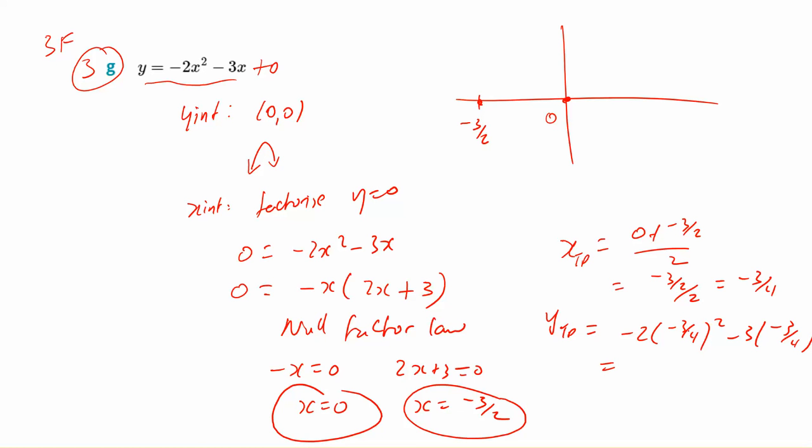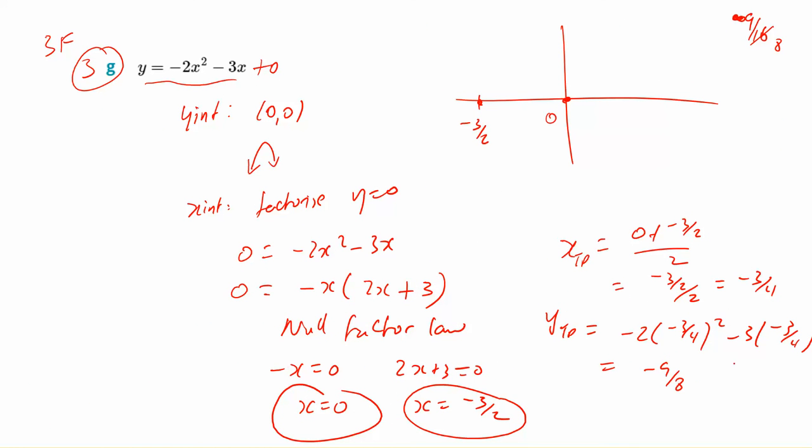So 3 quarters squared is 9 over 16. Positive 9 over 16 times negative 2: the 2 and the 16 cancel, that gives you an 8, so it's negative 9 over 8.